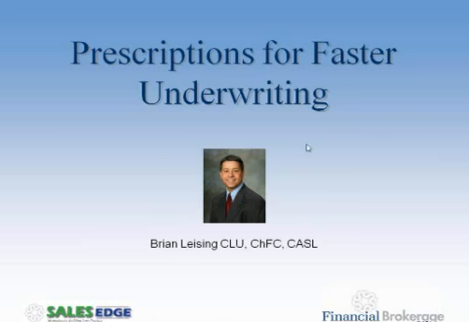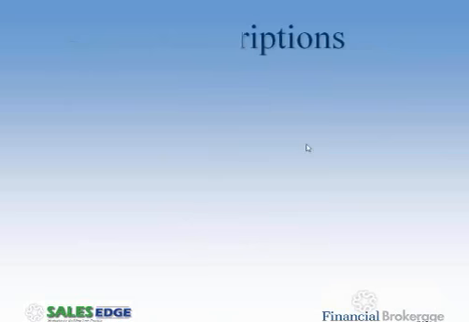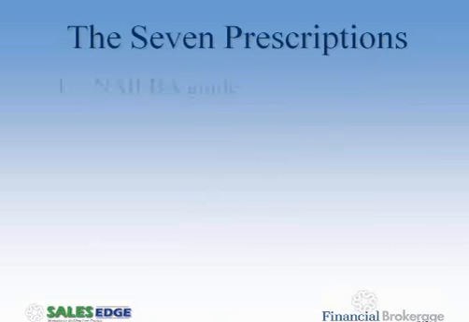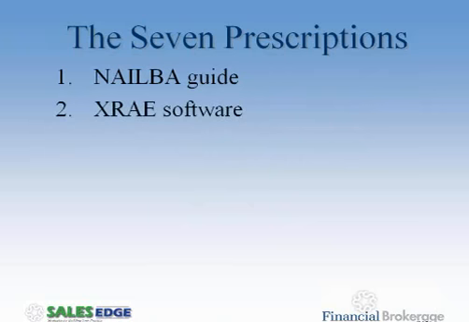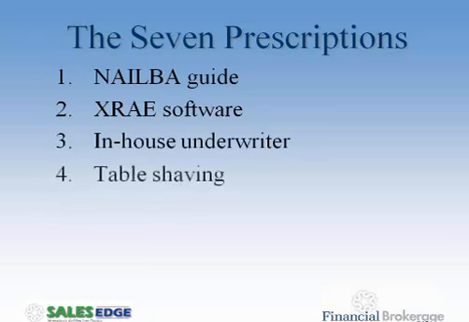So moving on here, I actually developed 7, we call them prescriptions, for speeding up or easing the underwriting process. We'll be reviewing a couple of tools that you can use on the front end to help with pre-screening, whether they're electronic or in paper or a live body that we have on staff here.